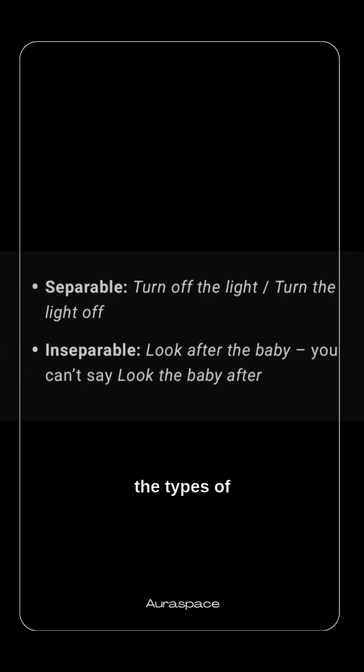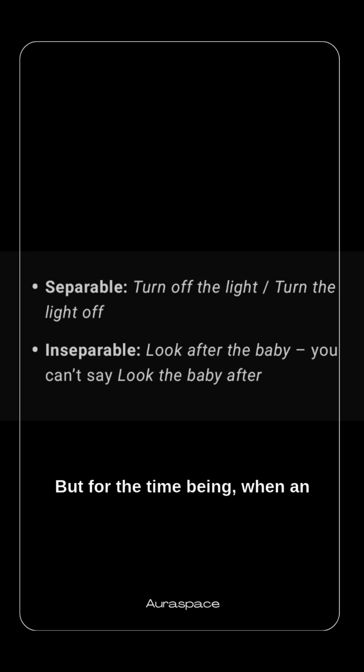So now let's look at the types of phrasal verbs that we have. We have two of them mainly. The first one is separable, and the second one is inseparable, right? Don't worry, in the next video we will take each of them and discuss them thoroughly.